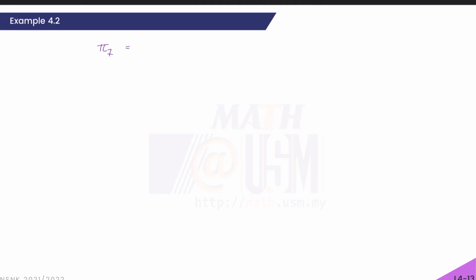Then, to determine the average number of cars that cannot enter the system, you take the value of your pi 7, which represents the fraction that did not manage to enter the system, and multiply it by the arrival rate.